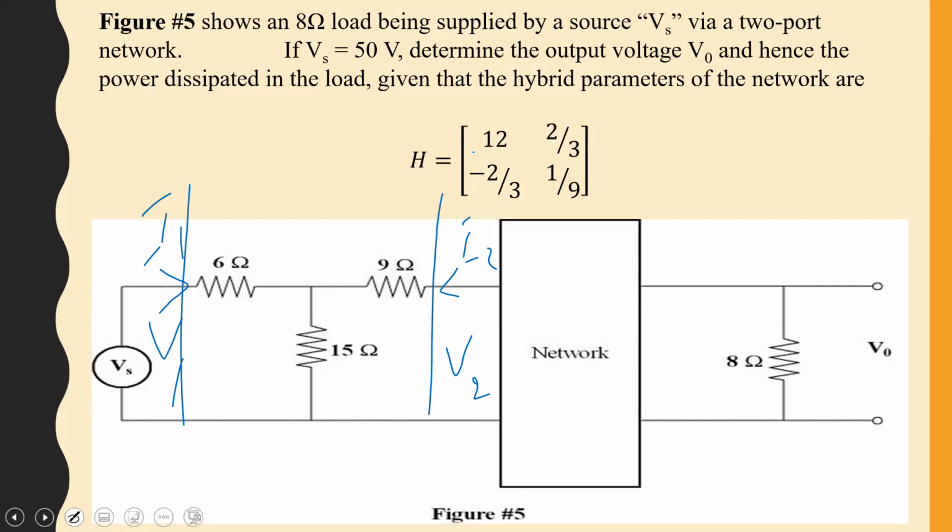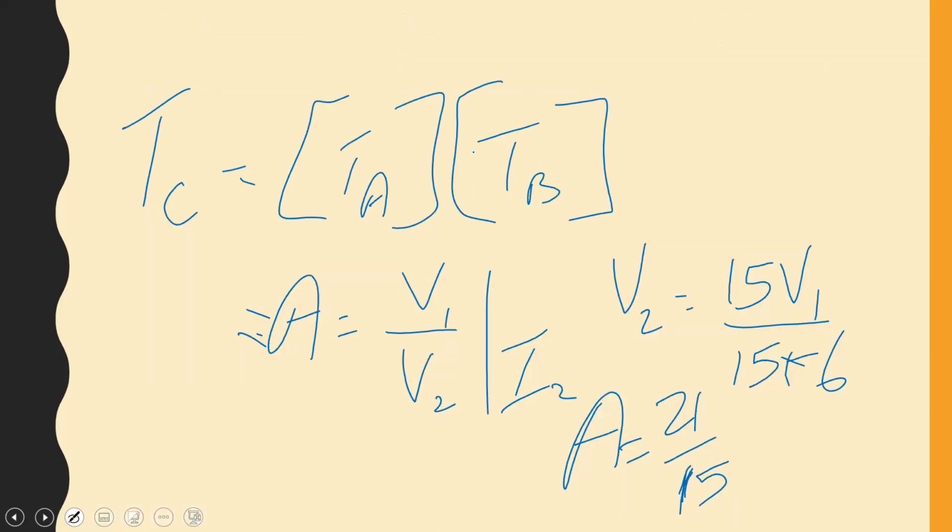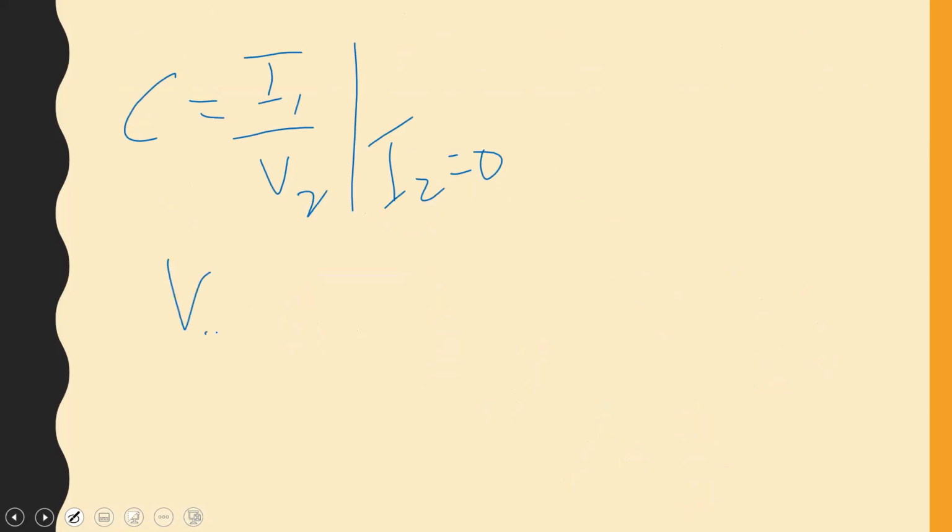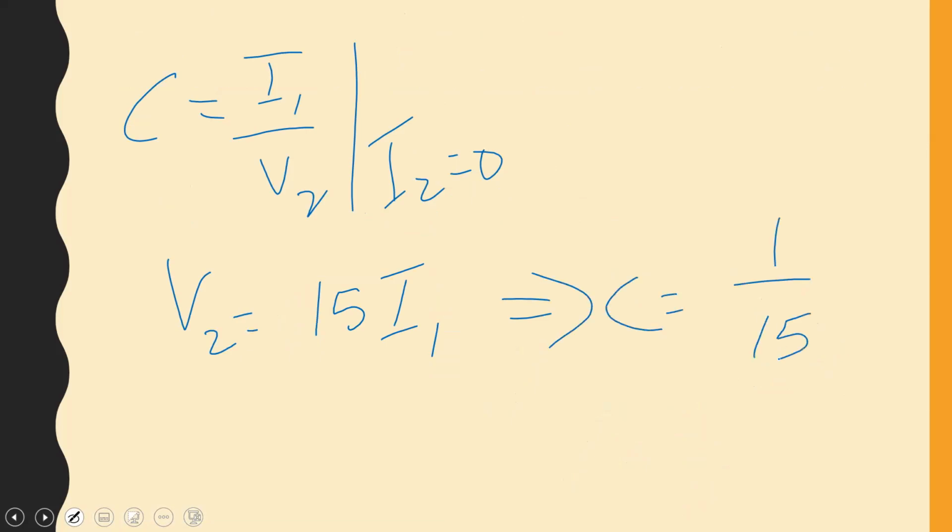So it means therefore that V2 would be equal to 15 I1. So it means that C is equal to 1 over 15. Everybody okay with that? Yes, sir.